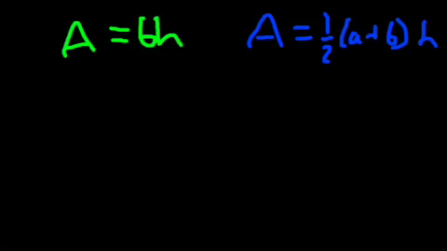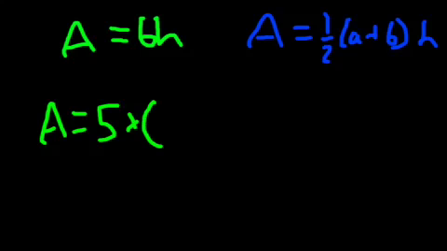So first we need to find the total area. A is going to be equal to 5 times 3 plus 6, so 5 times 9, which is equal to 45.